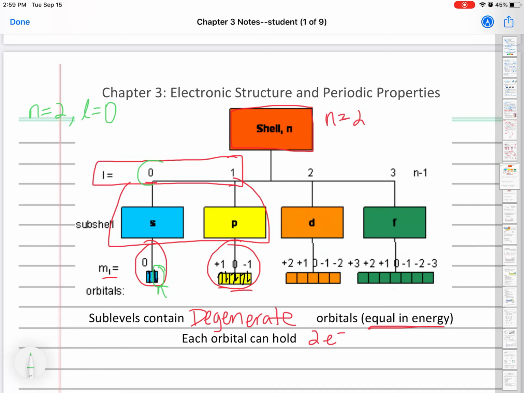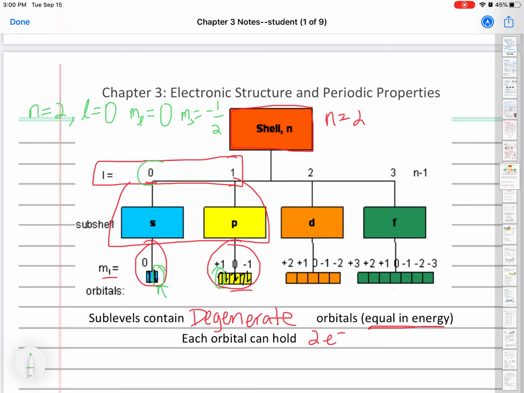It's in the S sublevel, and its M sub L, the only thing it can be for an L of 0, is 0. And its spin, because it's pointing down, I'm going to say is -0.5.